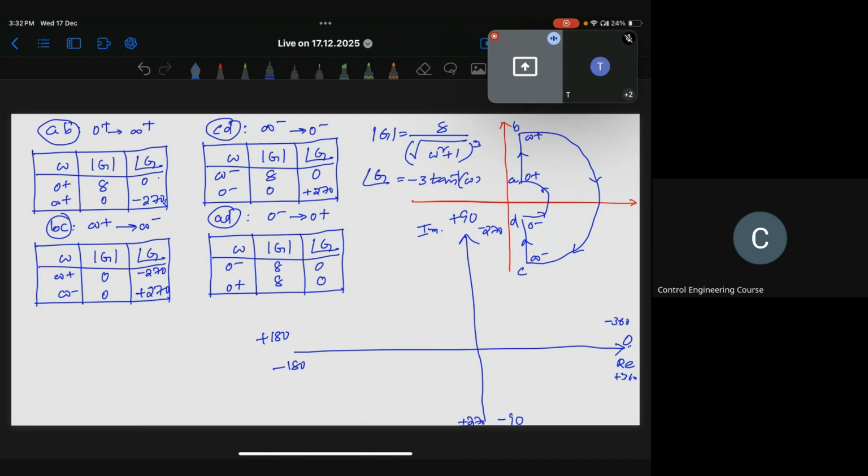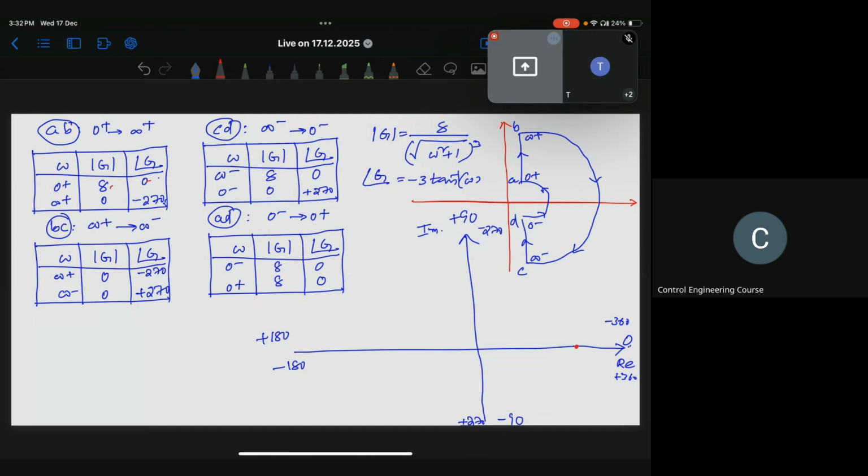First, you start somewhere here. You are starting at 8, ending at minus 270.